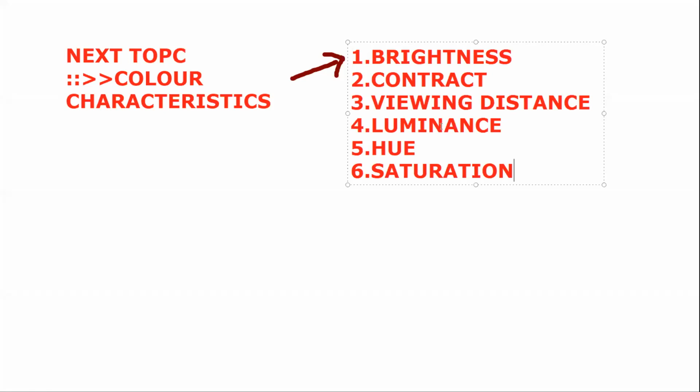These are the main important characteristics that affect color reproduction. Therefore, these are the important color characteristics.